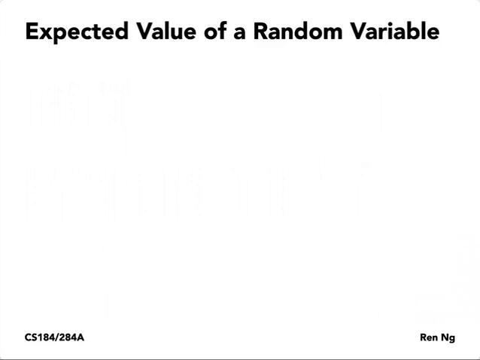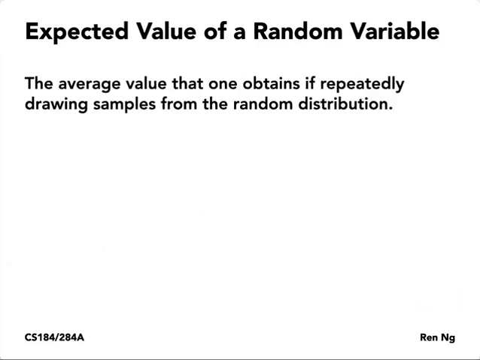Moving right along. Expected value of a random variable is going to be really important for us. So what is the expected value? It's just the average value that we would obtain if we repeatedly draw random samples from that probability distribution.